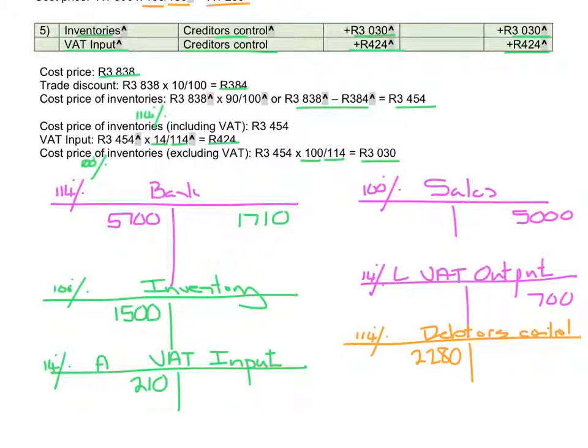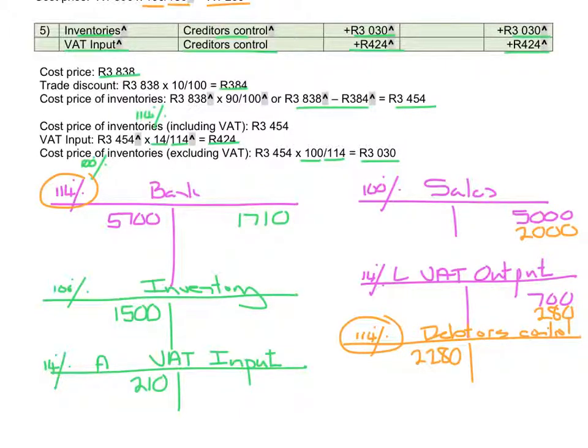I will take to sales 2,000. So my income will only increase with the money that belongs to the business. The 280 will be transferred to VAT output to indicate that that money is outstanding and must be paid to SARS. So the debtors control is also a 114% account.